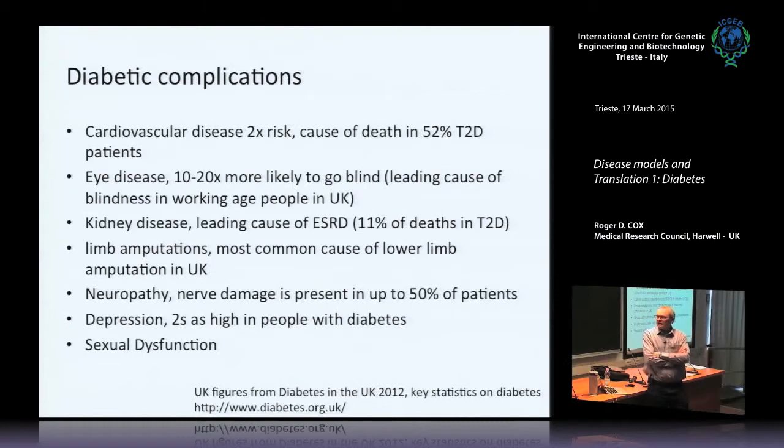It's the leading cause of end-stage renal disease, where you require dialysis or kidney transplant. It affects peripheral vasculature, so you get damage to peripheral tissues, which can lead to limb amputations. There's nerve damage, which partly contributes to this limb amputation problem, and nerve damage is present in up to half of patients. Depression, sexual dysfunction. So there are a lot of morbidities associated with diabetes over the long term.